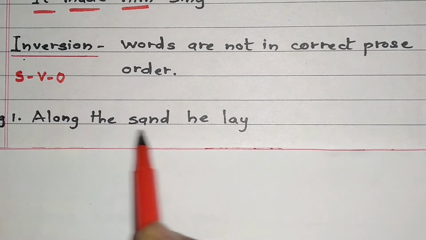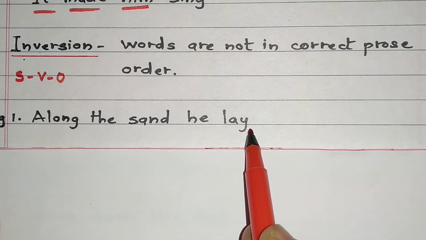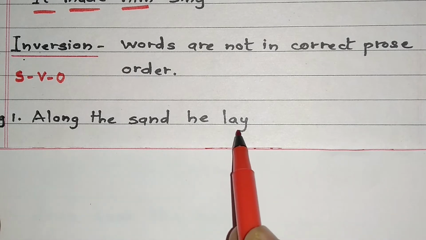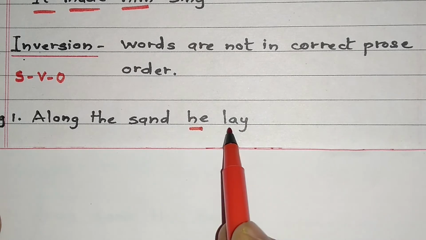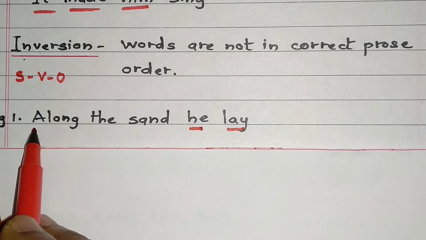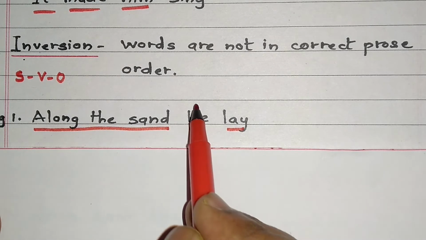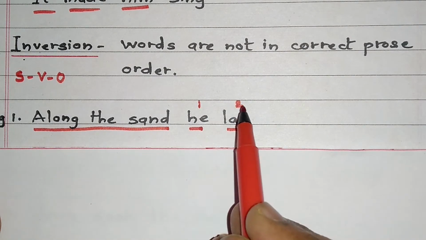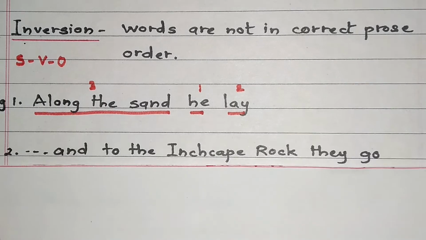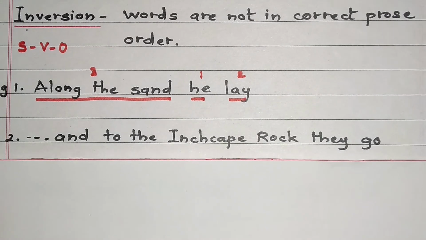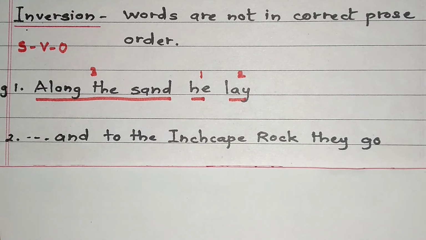Along the sand he lay. Here the words are not in correct prose order. The correct prose order should be he lay along the sand. So he comes first, then lay, and then along the sand. Next, and to the Inchcape rock they go.